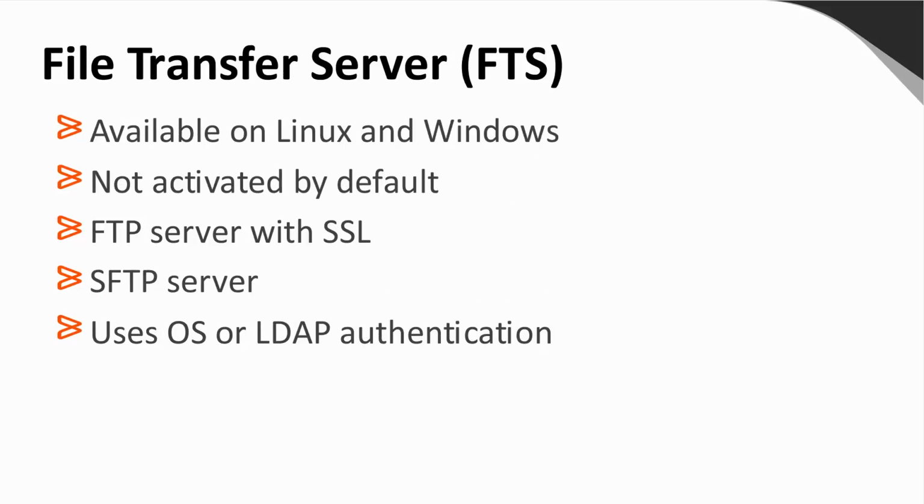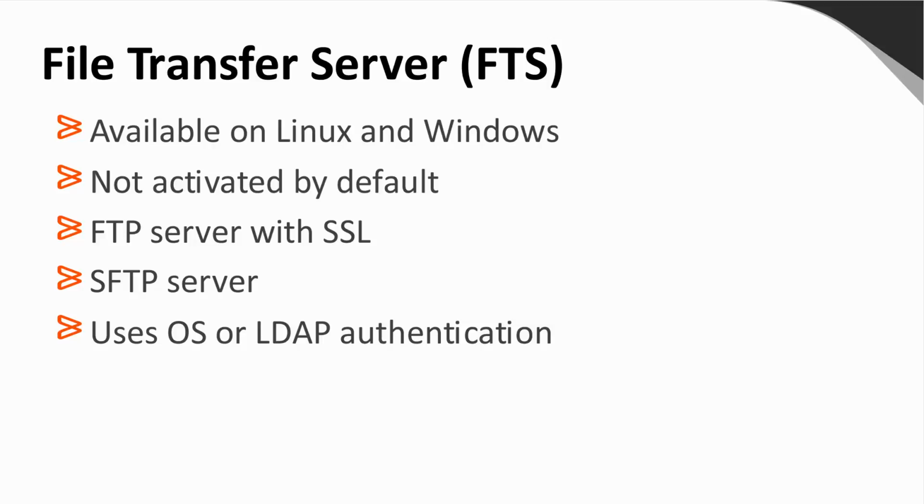In regards to the file transfer server, which we also call the FTS, this is available on Linux and Windows agents. Since Windows doesn't have an out-of-the-box FTP or SFTP server, and you'll generally need to install the IIS or Internet Information Server to get an FTP server, this allows you that functionality without having to install IIS on your Windows machine, and it allows you as the Control-M administrator to manage these file transfer servers.